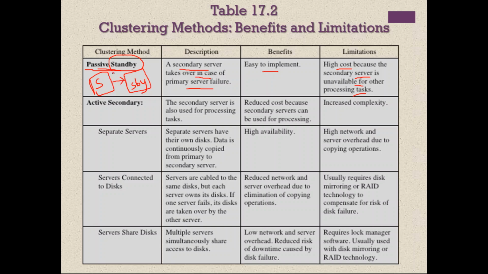This signal is called a heartbeat signal. Say every 50 milliseconds, it will send the heartbeat signal. If the secondary server does not receive the heartbeat signal for continuously 100 milliseconds or 200 milliseconds, then the secondary server will understand that the server has failed, and then it will start playing the role of the server. So this is how this concept works.